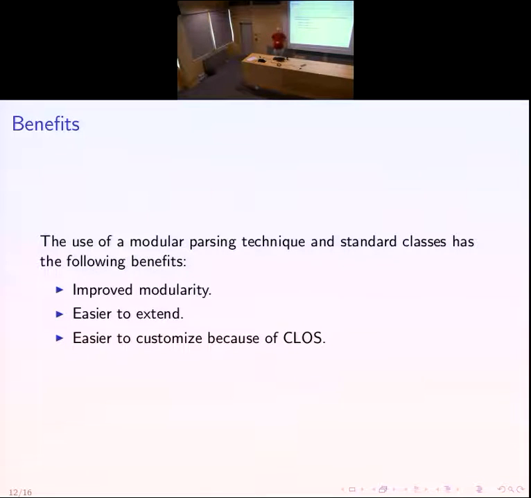So the benefits of this technique compared to what's been used in the past, like I said, the modularity is improved, and the reason for that is both the modular parsing technique and the use of generic functions, so that you can write auxiliary methods for those. So it's easier to extend.